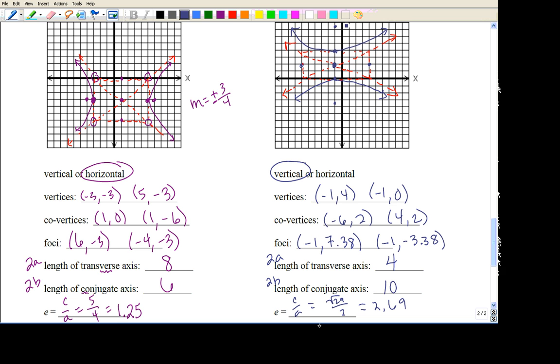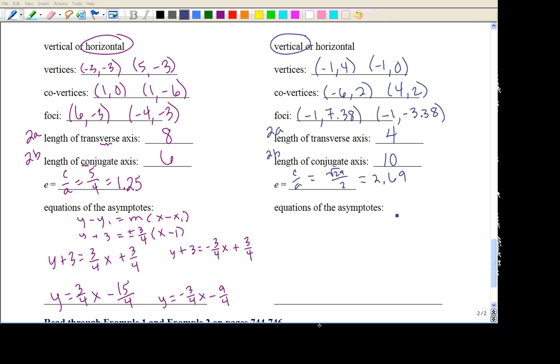Okay. And now for the equations of the asymptotes. So again, we're going to use the center, which was at -1, 2. We're going to use y minus y1 equals m times x minus x1. So we have y minus 2 equals, so let's go back up to the graph to figure out the slope.